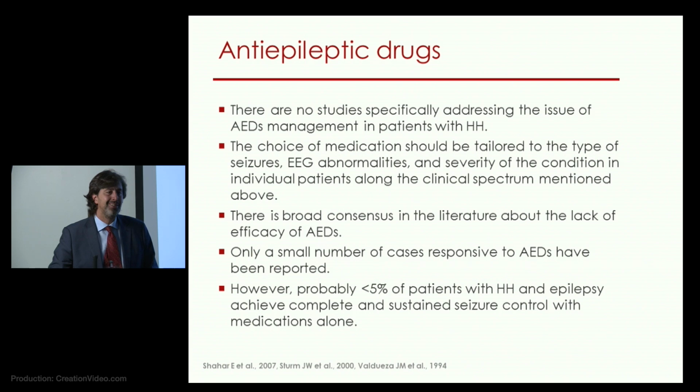What came out from the literature is that the choice of medication should be tailored on the type of seizure, on the presence or absence of EEG abnormalities, and along the clinical evolution, it should be modified when new seizures come out.